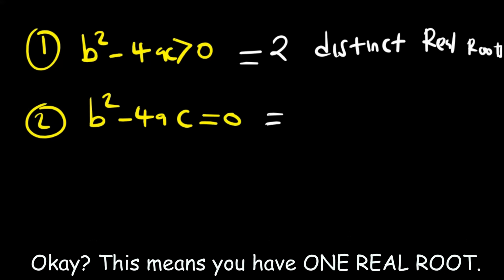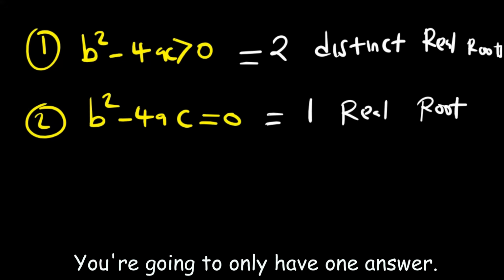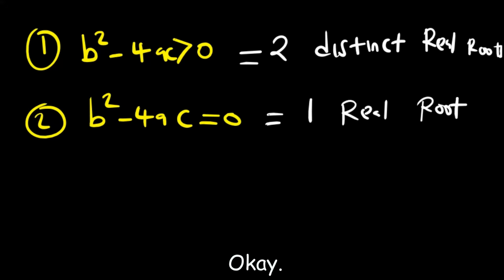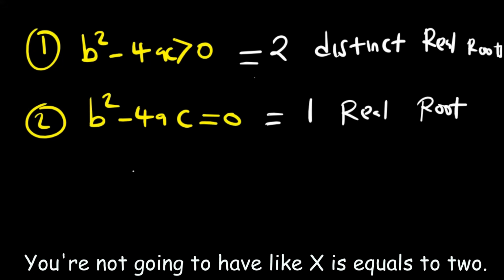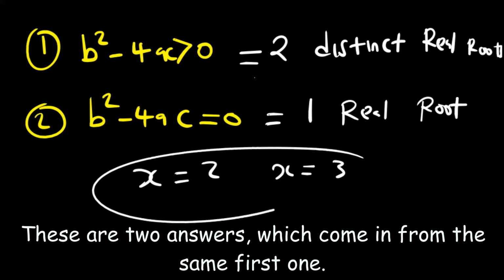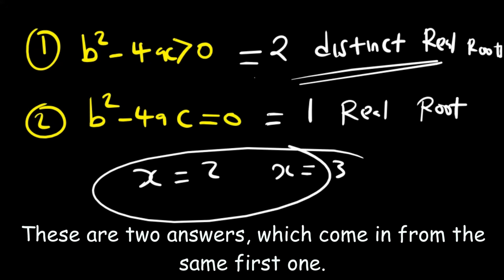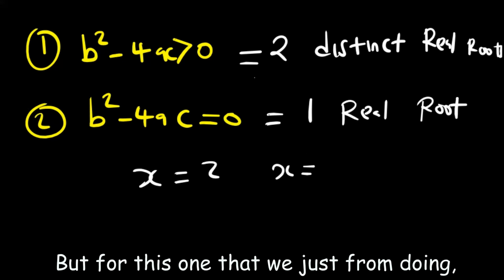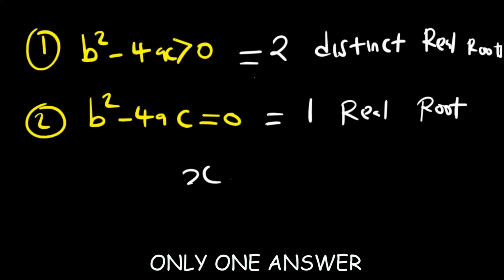You are only going to have one answer. You're not going to have x is equal to 2 and x is equal to maybe -3, which are two answers. For this one you're just going to have maybe x is equal to 1, only one answer.